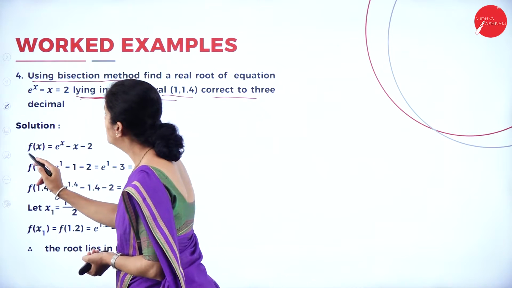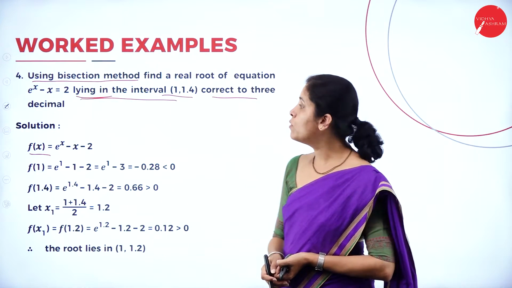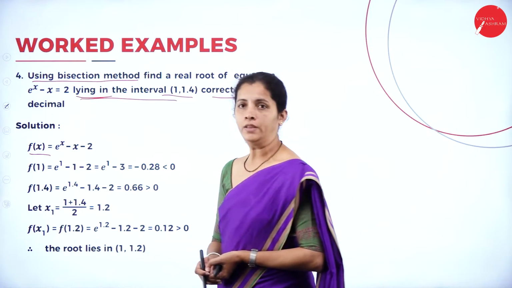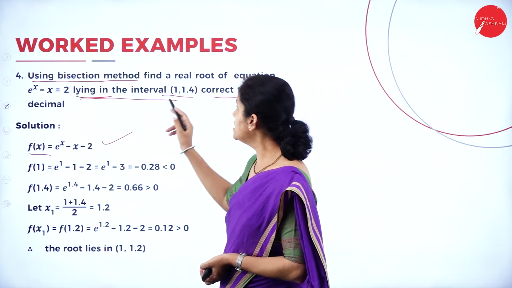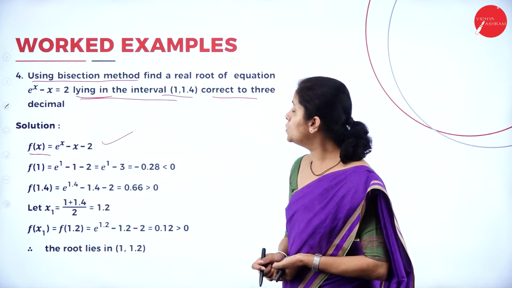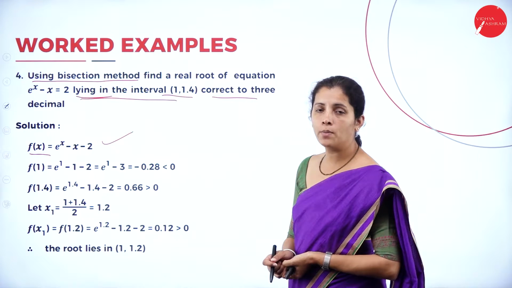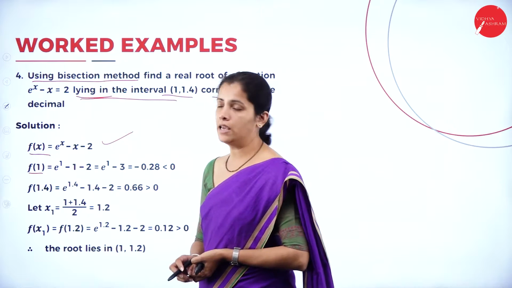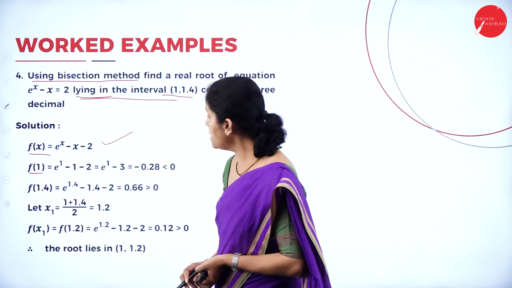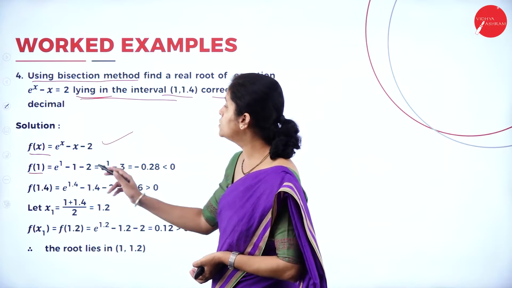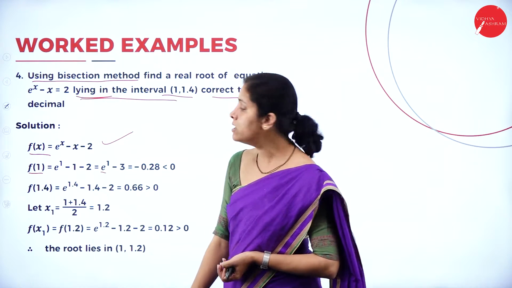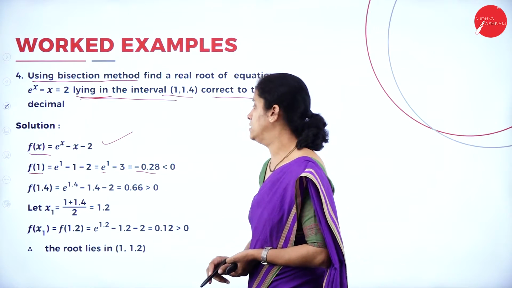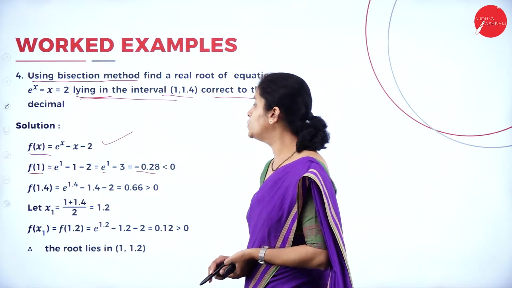First, I want to write the equation in the form of f of x. Now, in the question, they have specified the root lies between 1 and 1.4. So, first I am going to substitute f of 1 equal to e to the power 1 minus 1 minus 2. That is nothing but e to the power 1 minus 3, and I am going to get minus 0.28.